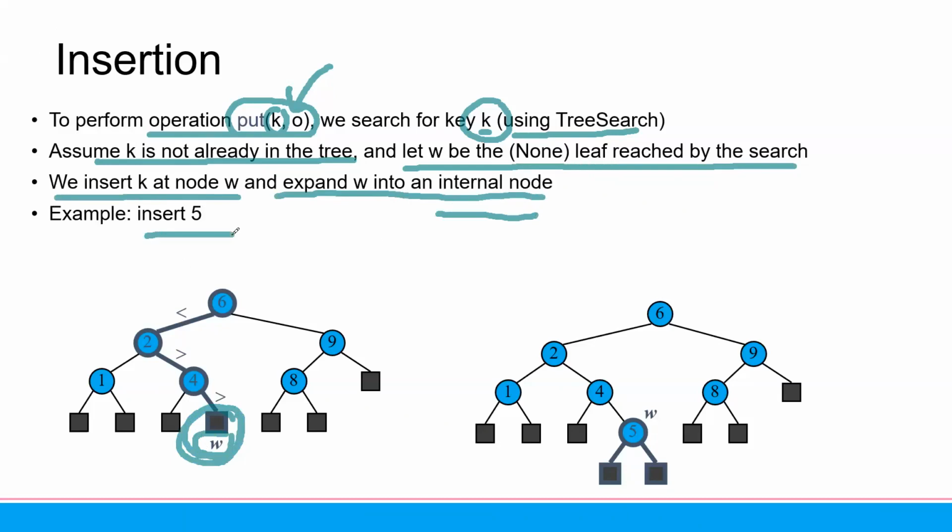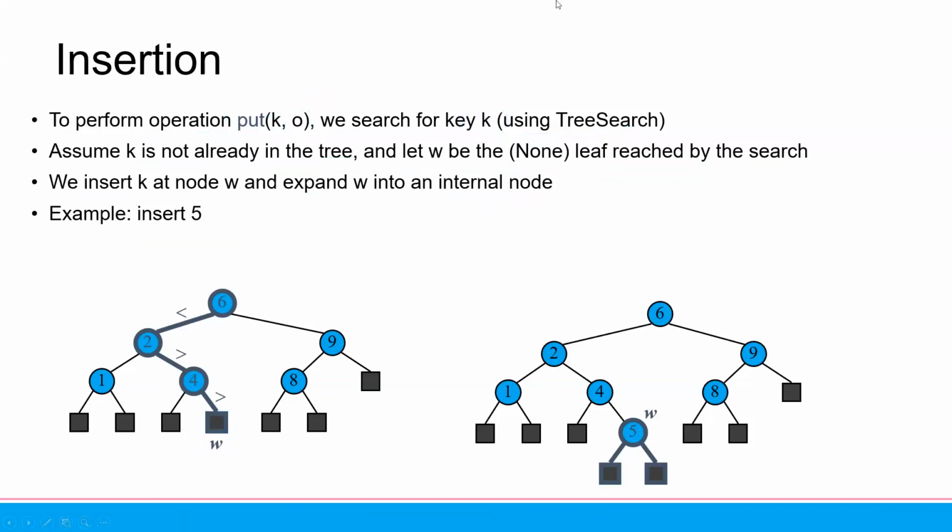Let's say I insert 5. What is inserting 5? The same as the tree search. I have k equals 5. 5 equals 6?